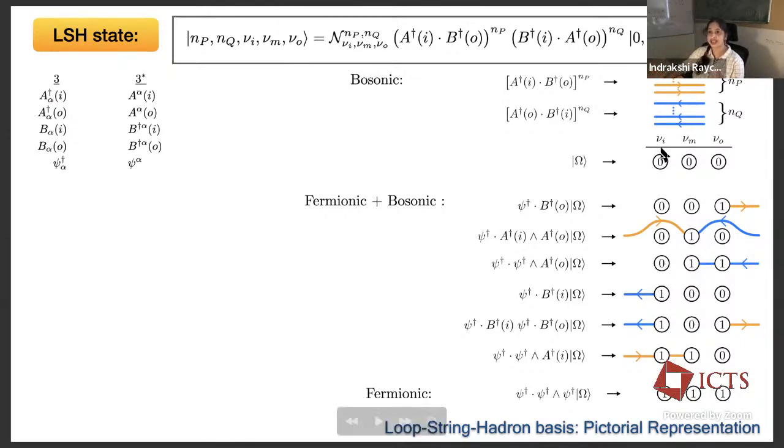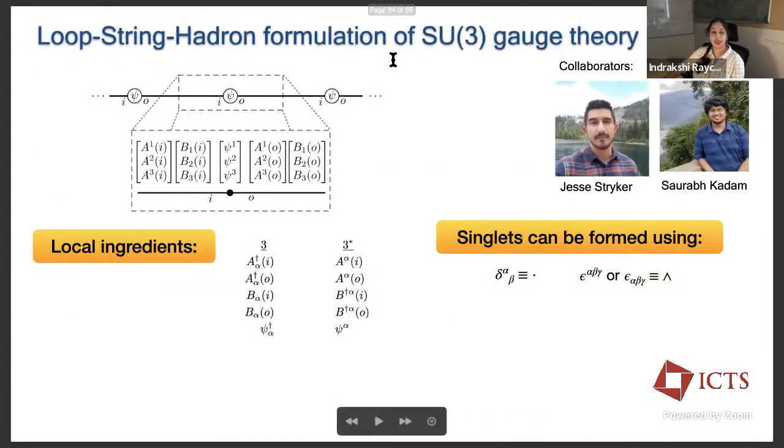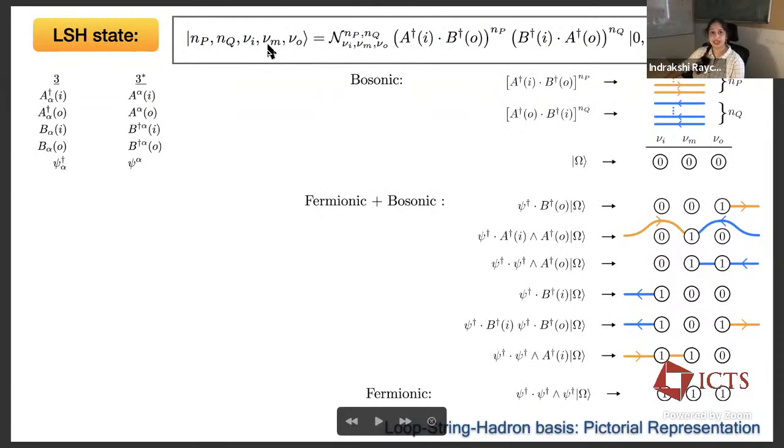Now, one important thing to note: if you go back to the earlier picture, we have a 3-component fermion present. It already has 3 components. But note that the excitations that we describe here are not really the 3 occupation numbers for all these 3 components. It's a particular gauge invariant combination that has contributions from all the components of psi, the fermionic fields, as well as the outgoing bosonic field.